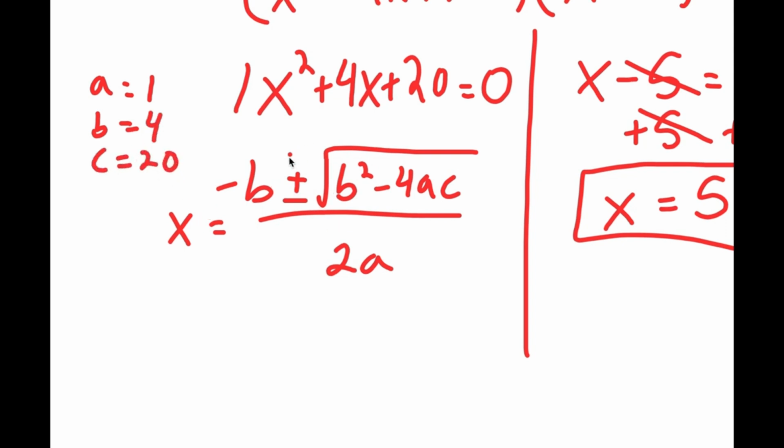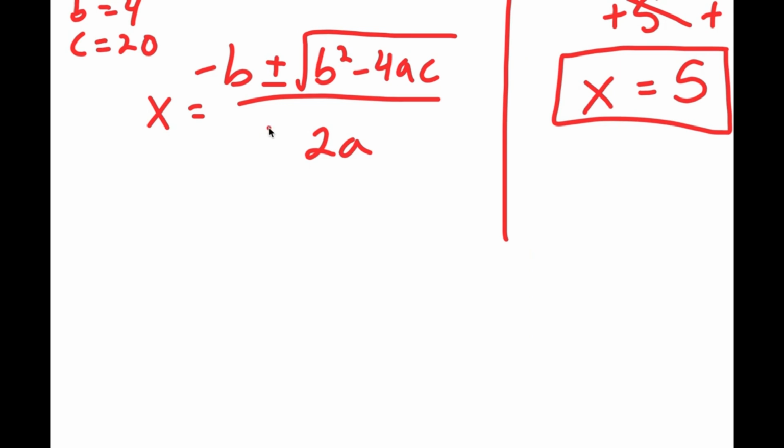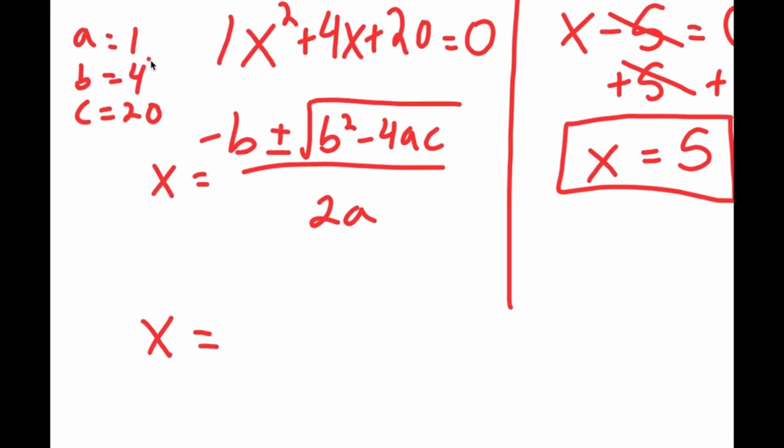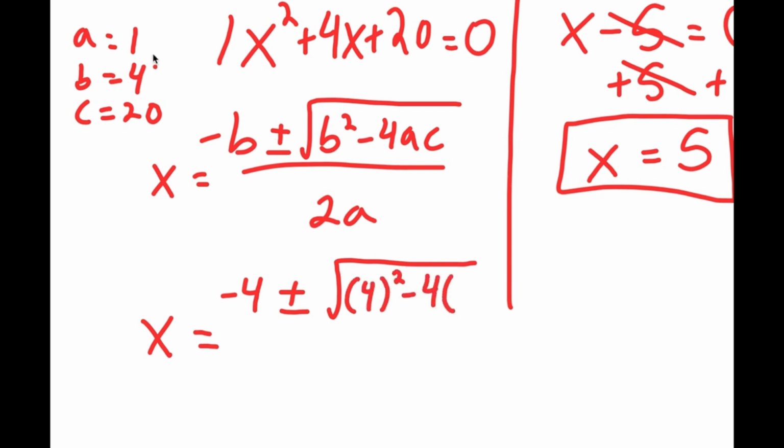So I can just plug these in to this formula. So now, I get x is equal to negative b, and b is 4, so negative 4 plus or minus the square root of b squared, which is 4 squared, minus 4 times a, which is 1, times c, which is 20, all over 2a, so 2 times 1.